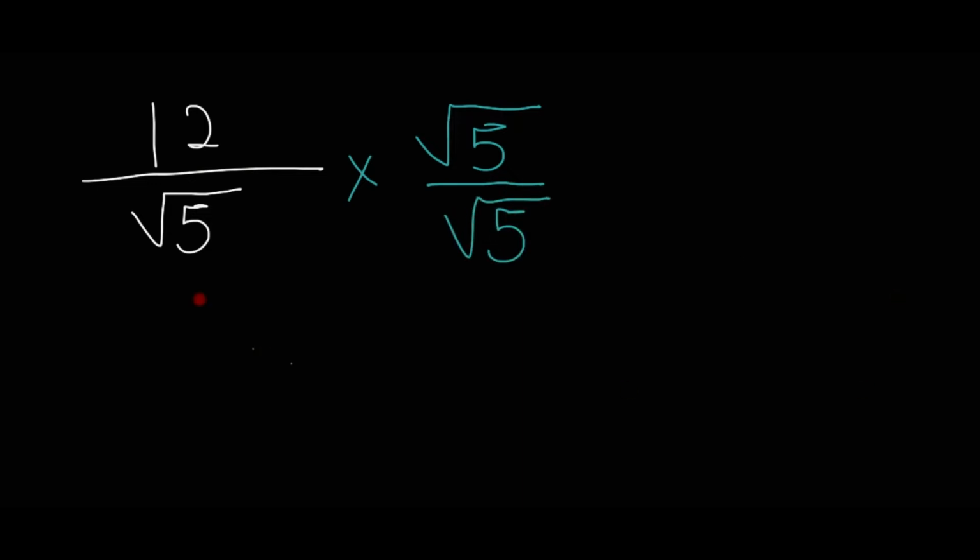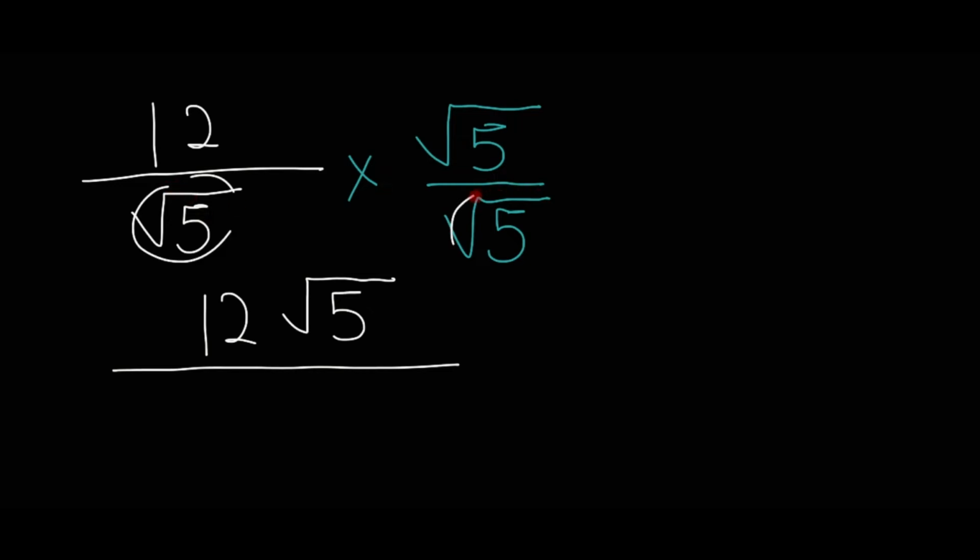So we are going to have 12 root 5, and then at the bottom root 5 times root 5. So these roots cancel and then we remain with this number, we remain with 5, and then this is our answer.